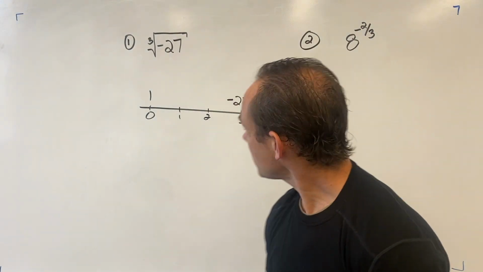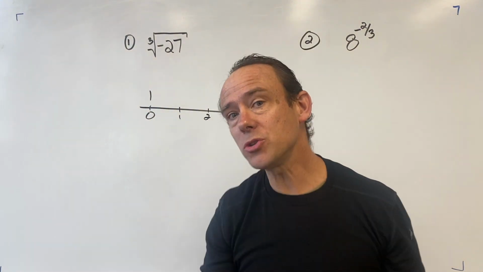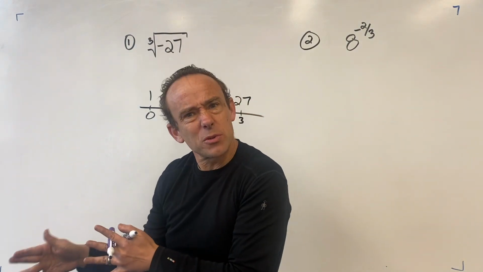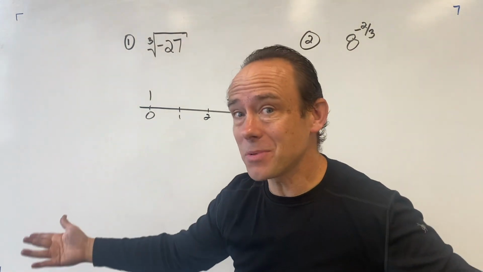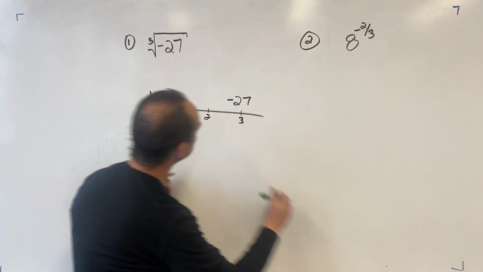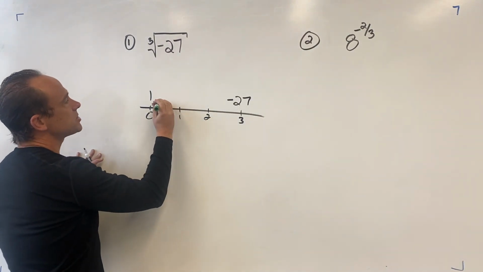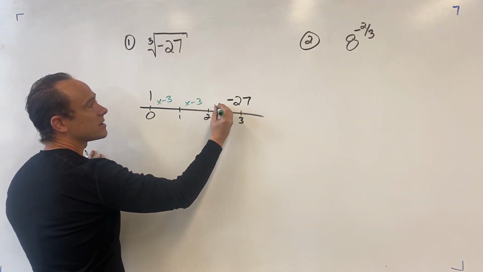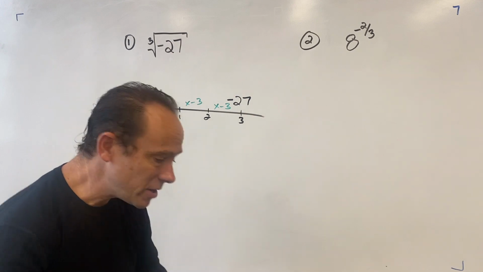Now we can do that because if you multiply by a negative number an odd number of times, you're going to end up with a negative number. So here it's totally okay, because it just means we must be multiplying by a negative, in this case negative 3.